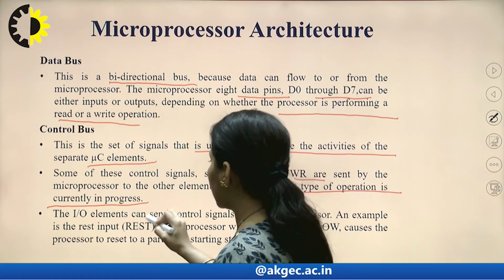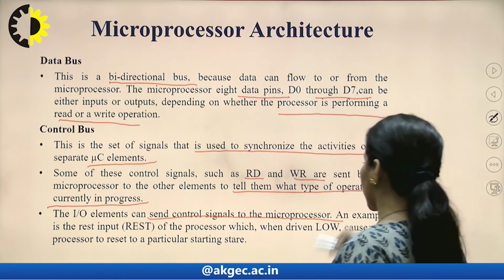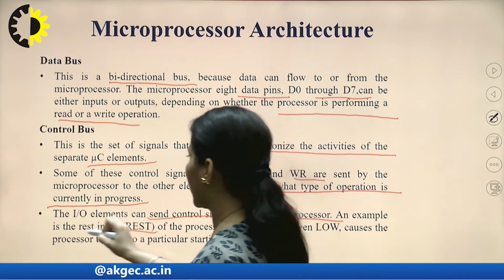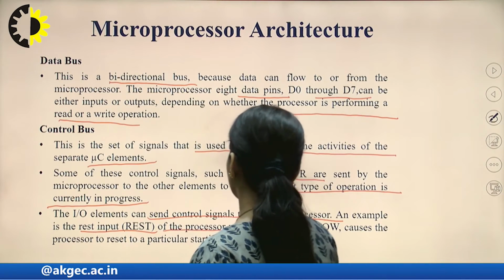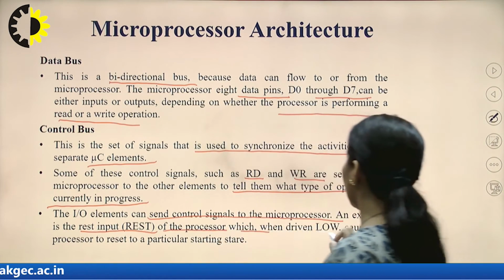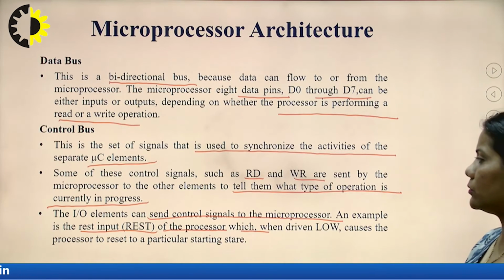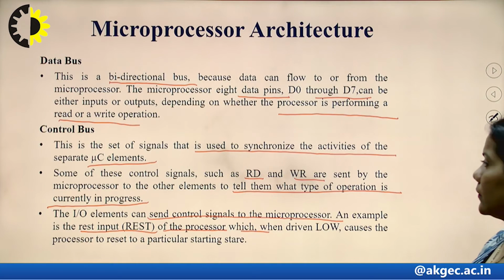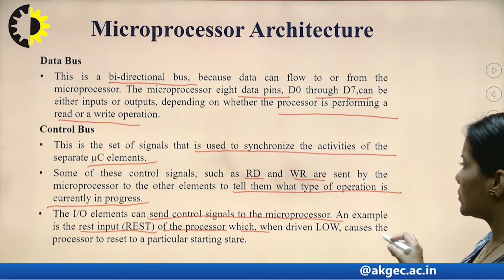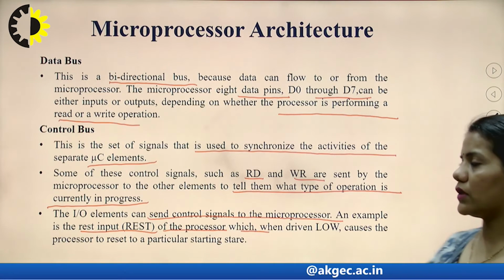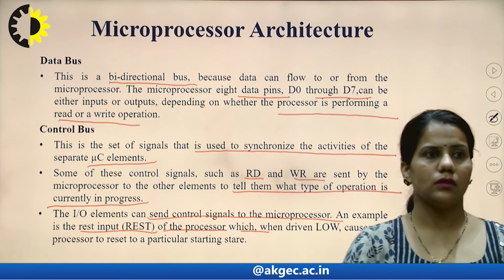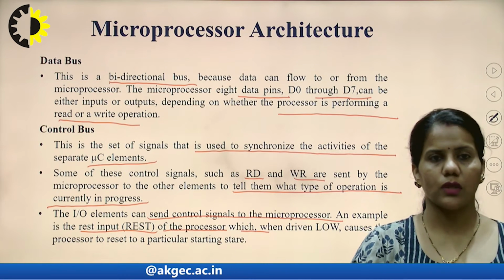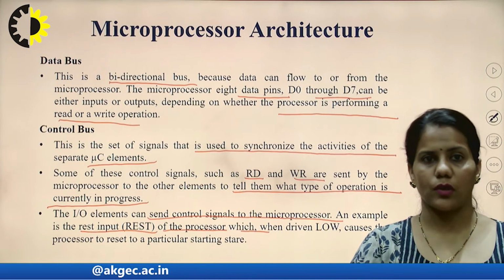Input-output elements can send control signals to the microprocessor. An example is the reset input of the processor, which when driven low causes the processor to reset to a particular starting point. So in this way, there are various signals which are sent from the peripheral devices to the microprocessor.